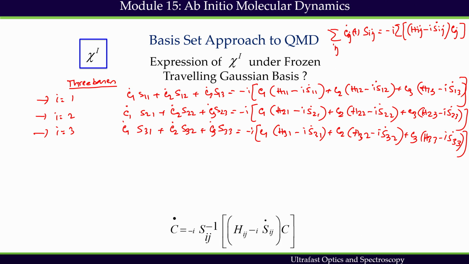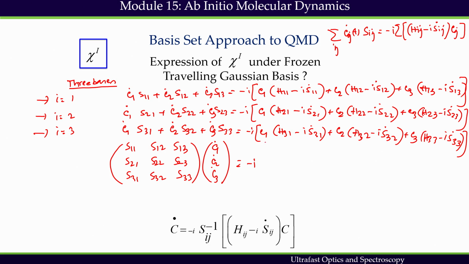Finally, in the matrix form, if we want to express, one can do it: S11, S12, S13, S21, S22, S23, S31, S32, S33, times C1 dot, C2 dot, C3 dot, equals minus I times the matrix with H11 minus I S11, H12 minus I S12 dot, H13 minus I S13 dot.